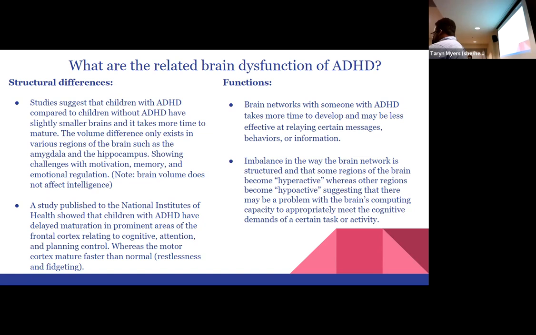The brain networks of someone with ADHD take more time to develop and may be less effective at relaying certain messages, behaviors, or information. And then there's an imbalance in the way the brain network is structured, where some regions of the brain become hyperactive, whereas others become hypoactive, suggesting that there may be a problem with the brain's computing capacity to appropriately meet the cognitive demand of a certain task or activity.